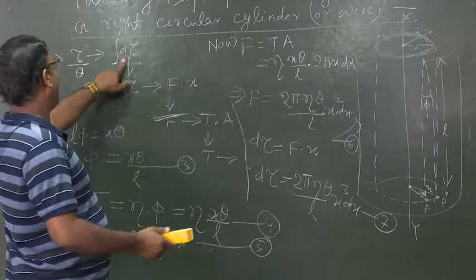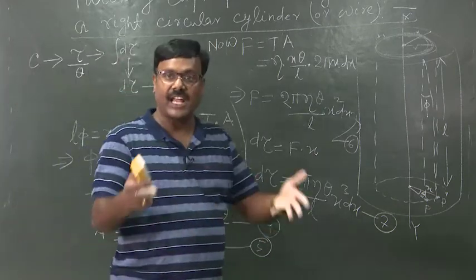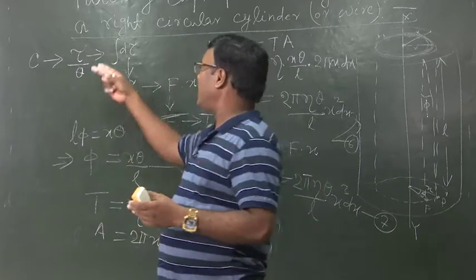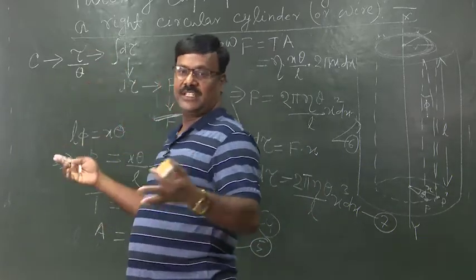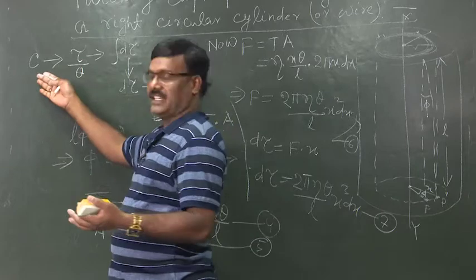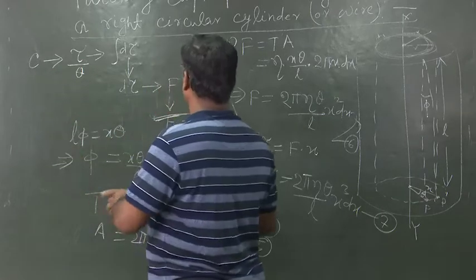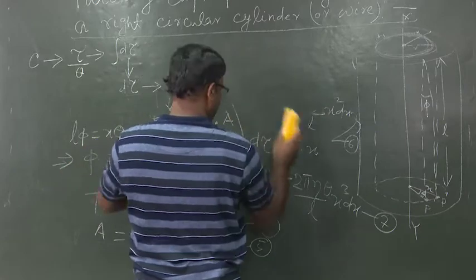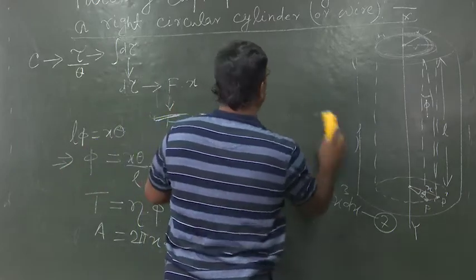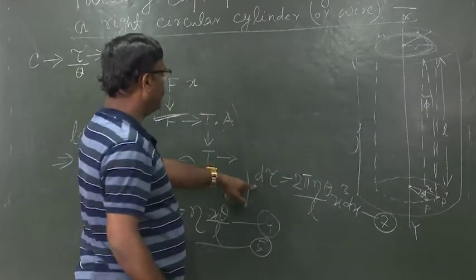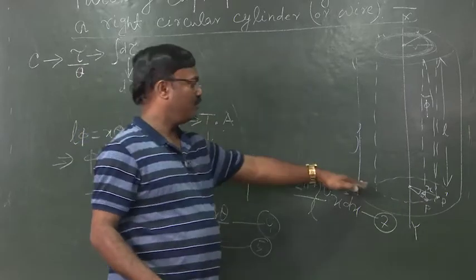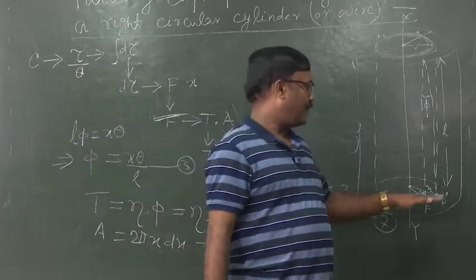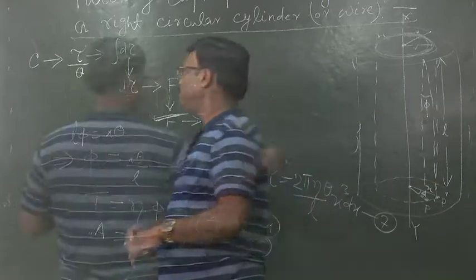Now we arrived at d tau. So the task is only to find out tau, and then by dividing tau with theta we can get our target, our result. Let us now find out the value of total torque acting on the cylinder due to the tangential force applied at its end.